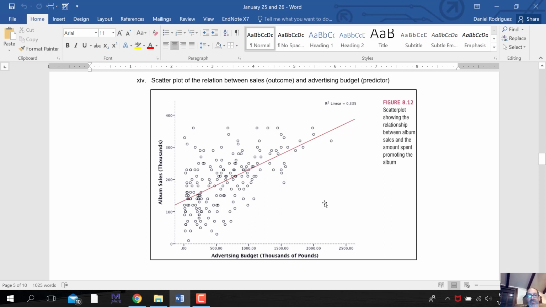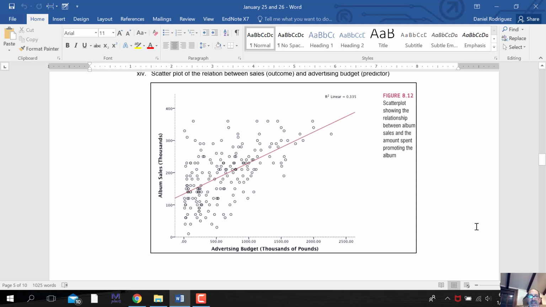If we plot the best fitting line, the line that minimizes the difference between each point and the line, you see we have a linear relation here. In the example link that I sent you, there's a way to show you how to fit a LOESS curve, a more precise line that's not necessarily linear, but that's not necessary at this point because a straight line will fit this pretty well.